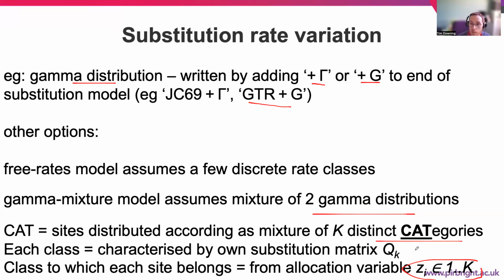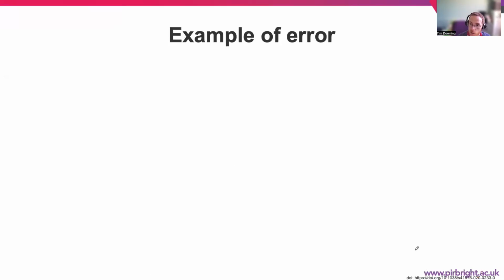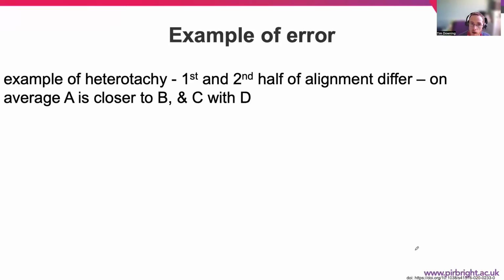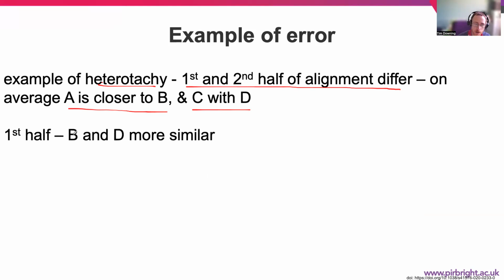An example of this is one which we've come across before. It comes from the first and second half of the alignment having very different patterns, where we have A closer to B in one half, but then C with D in the other, and this is what's called heterotachy. In the first half, B and D are more similar. In the second half, A and C are more similar.